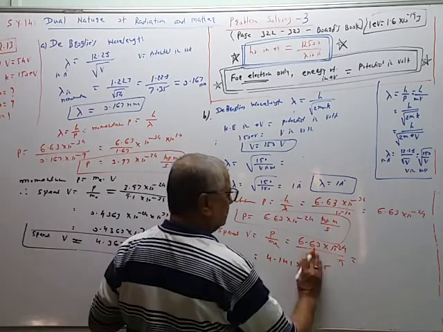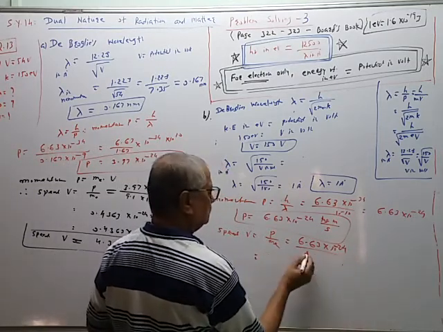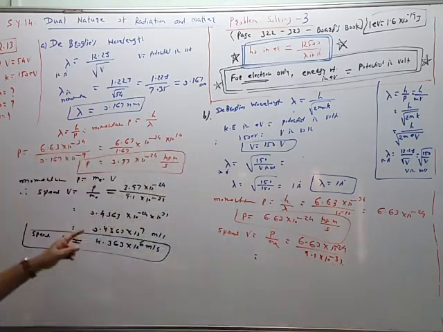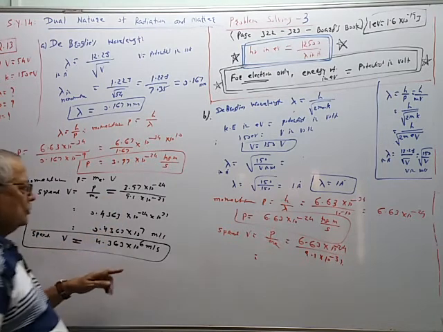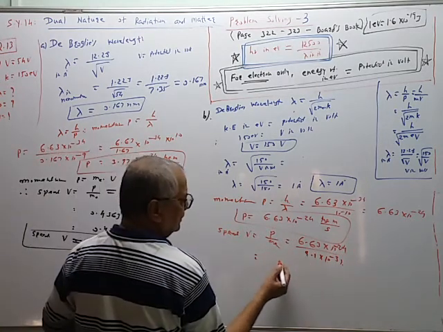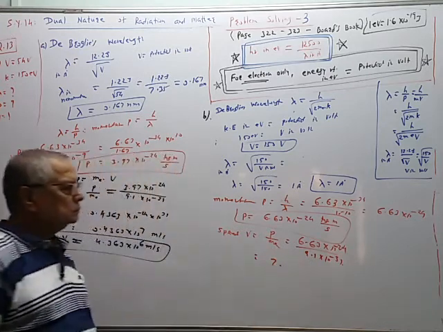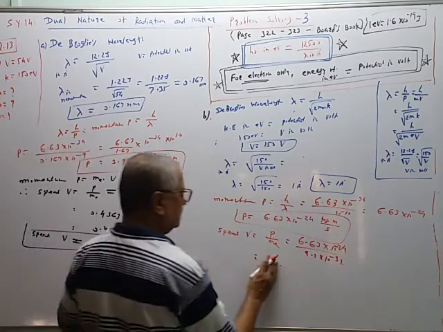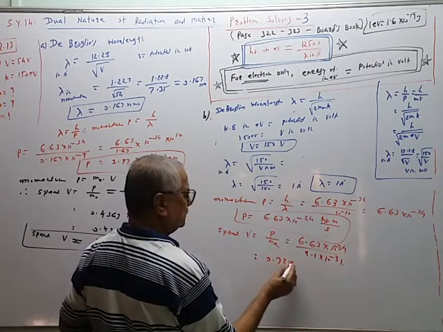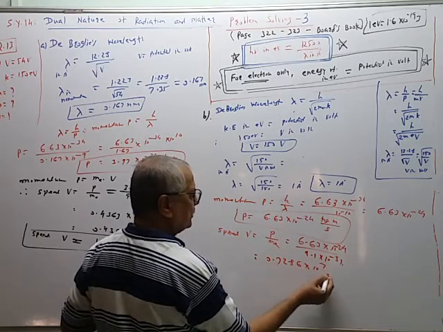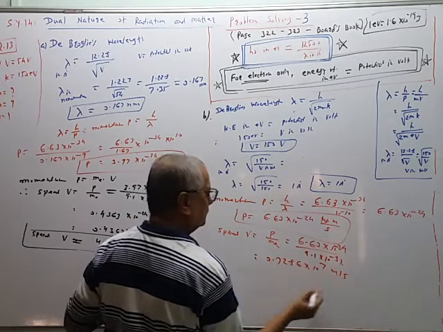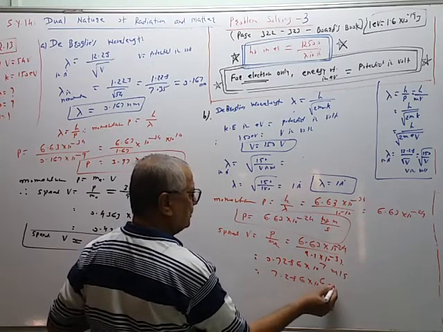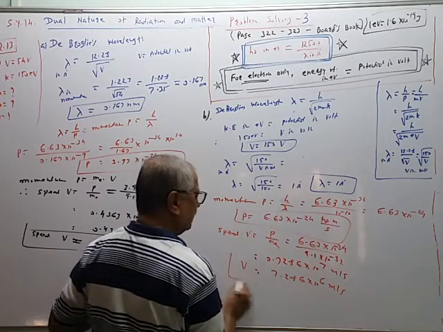Sorry, mass of the electron is 9.1 into 10 raised to minus 31. So 6.63 upon 9.1, it is nearly 0.7286 into 10 raised to 7 meter per second, or 7.286 into 10 raised to 6 meter per second. This is the speed V.